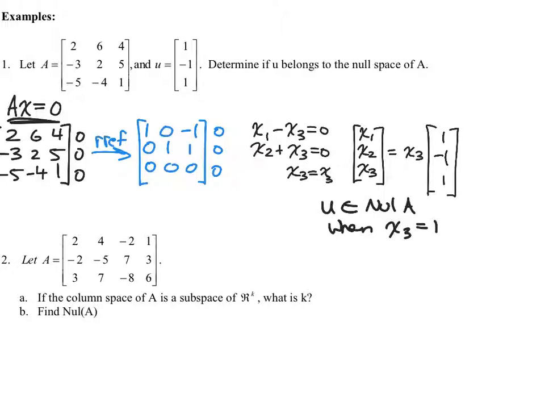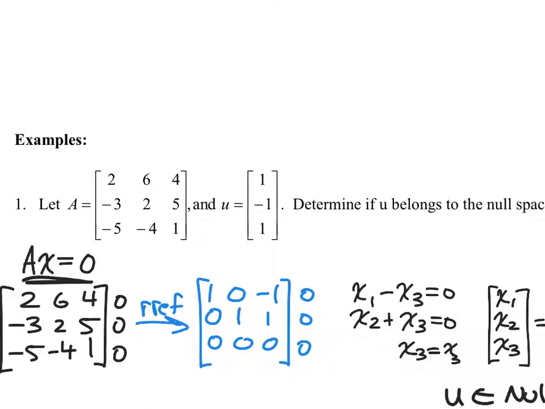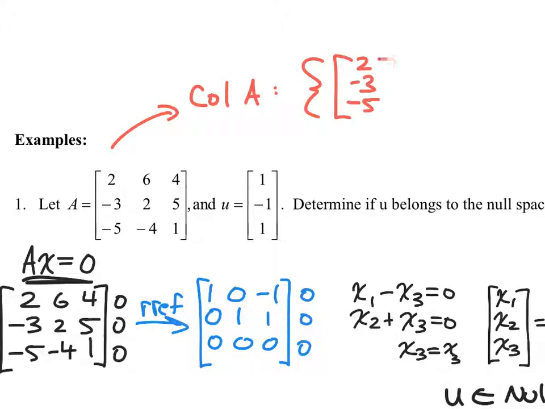So if I wanted to, they didn't ask me to, but I could actually kind of off on the side here say that the column space of A would be the set containing the vector 2, -3, -5, and the vector 6, 2, -4.